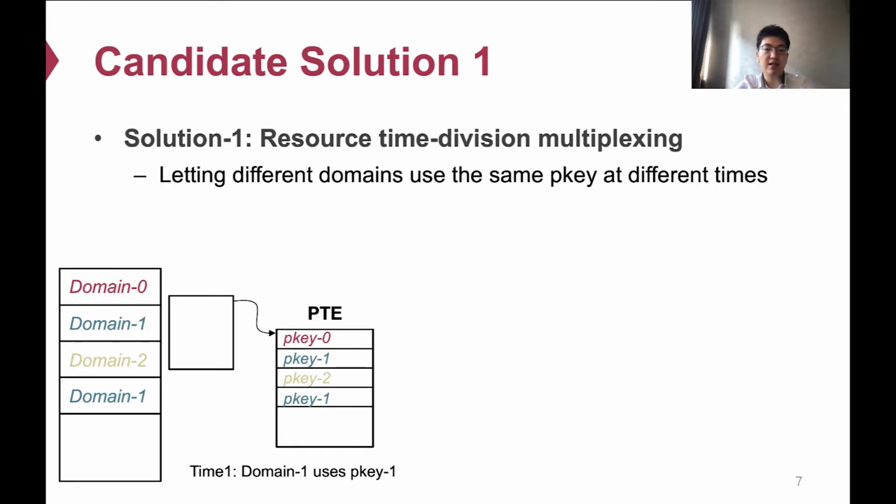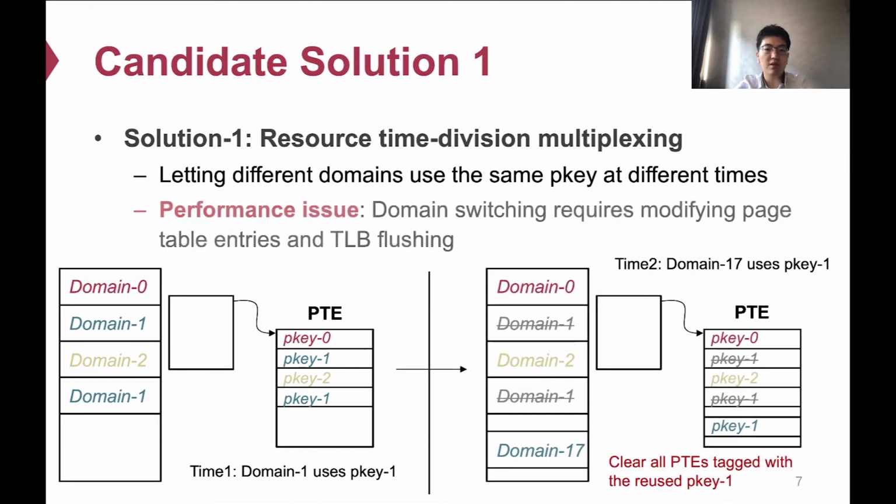One candidate design choice is resource time division multiplexing, which means letting different domains use the same PK at different times by evicting the PK from one domain and assigning it to another domain. However, such a solution may lead to a non-negligible performance overhead.